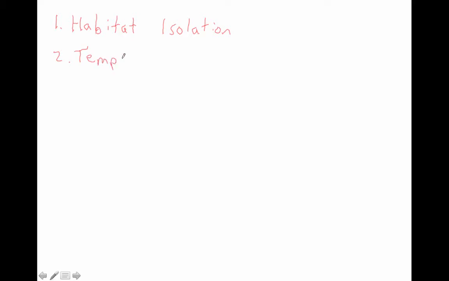So this is an isolation that's going to be based upon time. Then the next one is behavioral isolation. The fourth one is mechanical isolation. And then the last one here is gametic isolation.